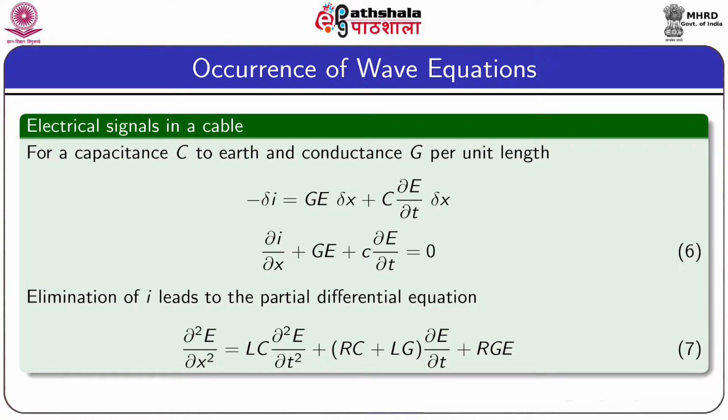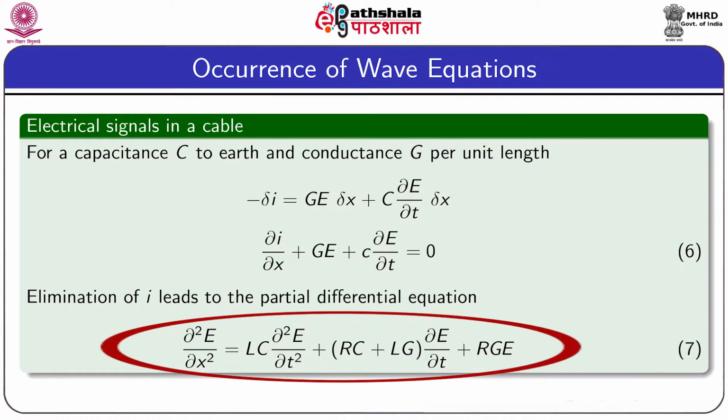Now, if we eliminate I from equation 5 and equation 6, we obtain a second order partial differential equation in E, which is written as equation number 7.